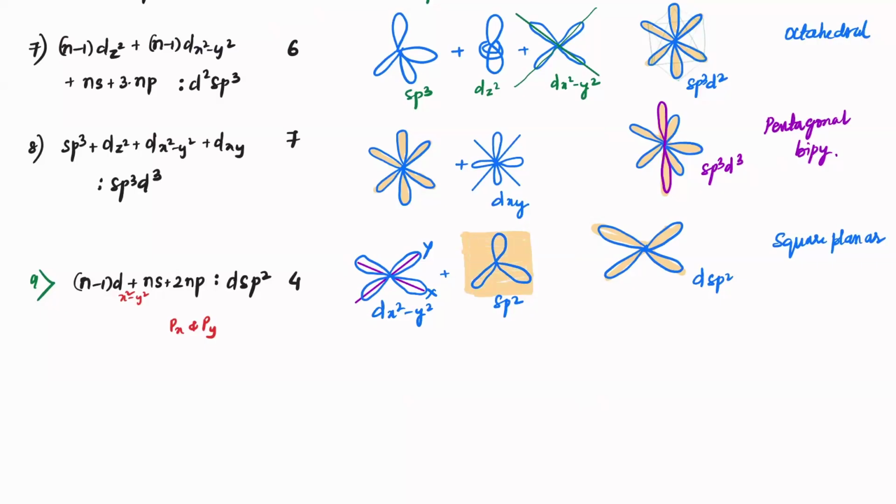So on the same xy plane, these two orbitals are intermixing with each other. After mixing, this entire thing will squeeze inside and elongate in all these four directions, and this is how it will become. Got it? Yes, sir.